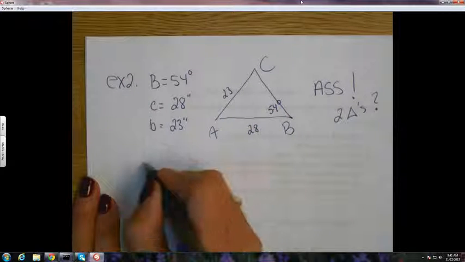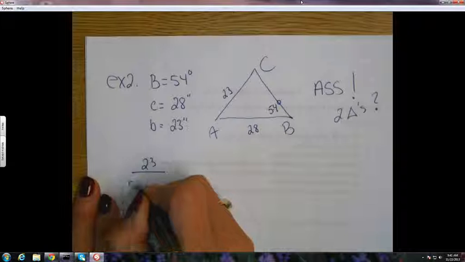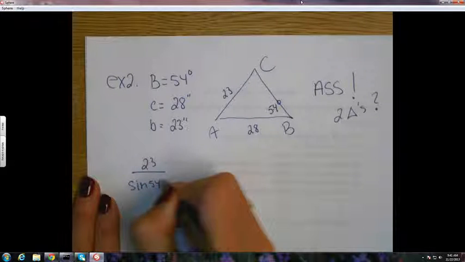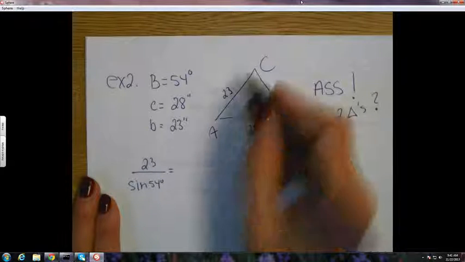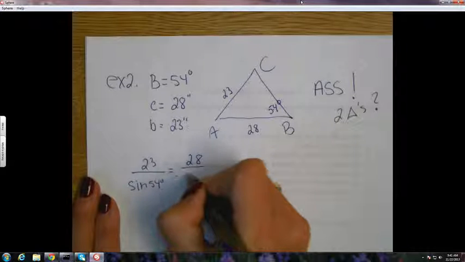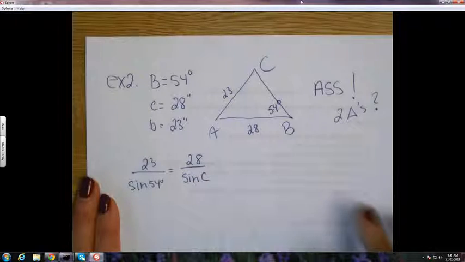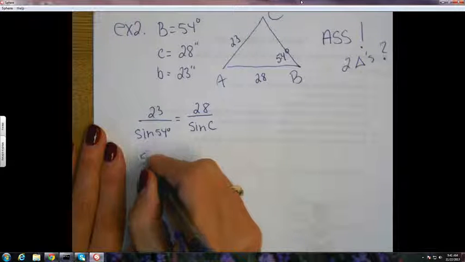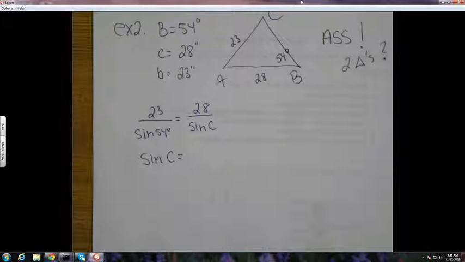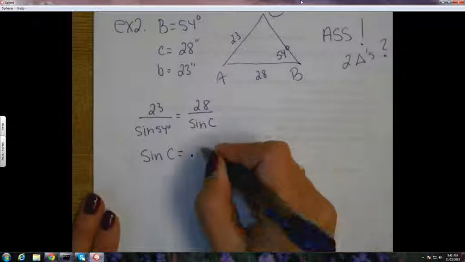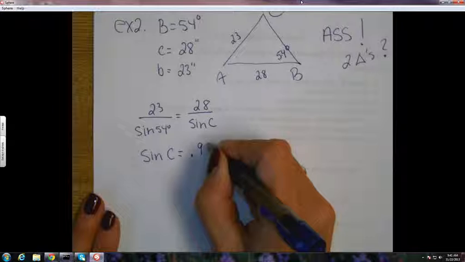So 23 over sine of 54 equals the other proportion, 28 over sine of C. Do your cross multiply and divide, and you will have sine of C, not angle C. How about 0.9849?